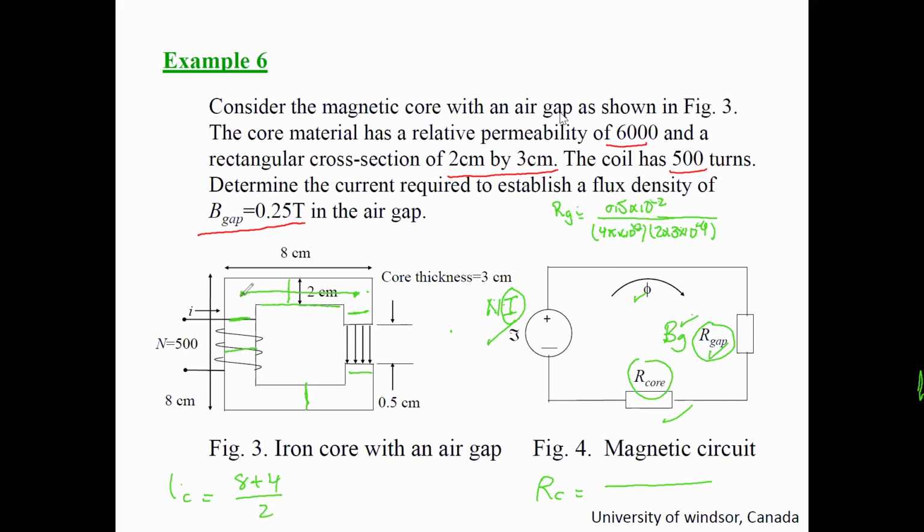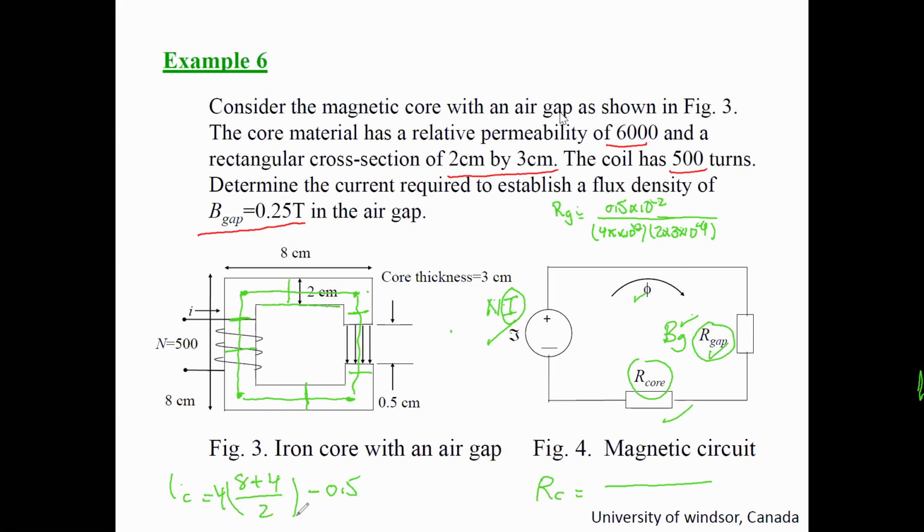6. What about here? Same. What about here? The same also. What about here? Same, 6. Why did I subtract 0.5?